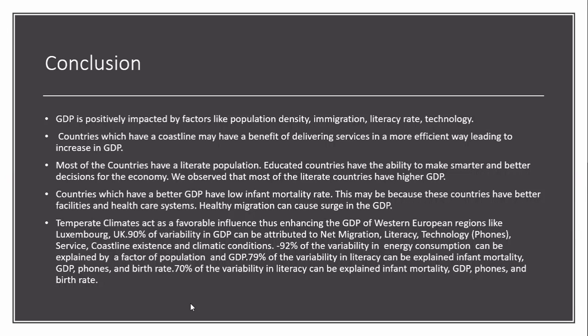So I would like to recommend for the future, for prediction and model building, that if we have more variables or more factors, or if we have the correct relationship of GDP with other factors and how complexly it is related to the GDP, then we could predict more accurately. But based on this, we got about 90%. So these are major factors which affect GDP in a positive way or in a negative way.